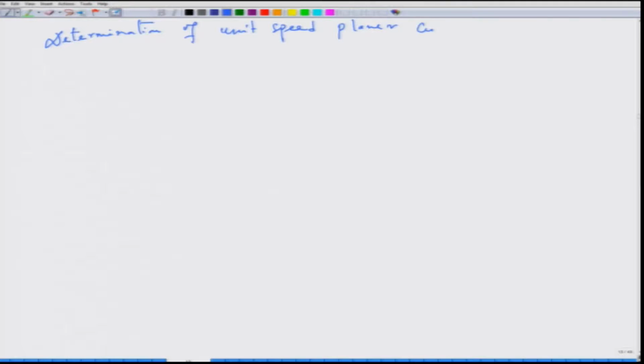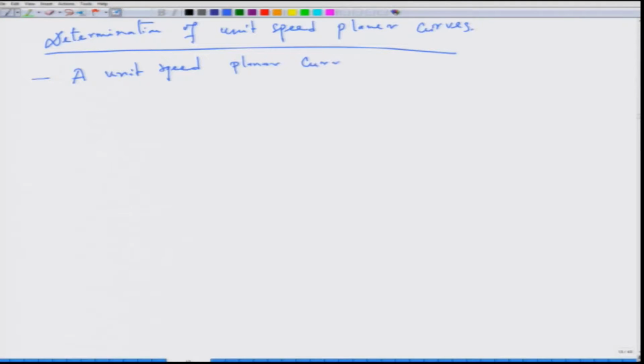That means I have curves in R 2, and I want to make a statement here: a unit speed planar curve is essentially determined by its sign curvature.